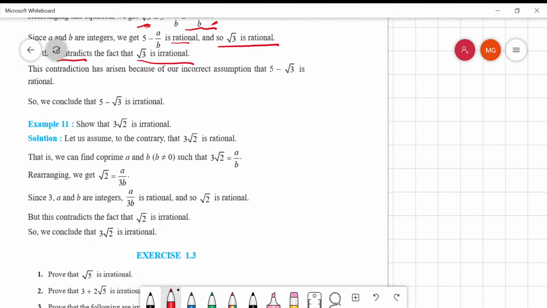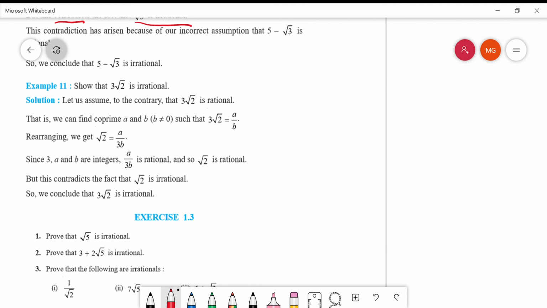In the same way, the next example: 3 root 2 is irrational. Now you have to prove this one. First you will prove why root 2 is an irrational number. And as soon as you prove root 2 as irrational, you will take the value 3 root 2 and start the procedure again, assuming 3 root 2 is rational.